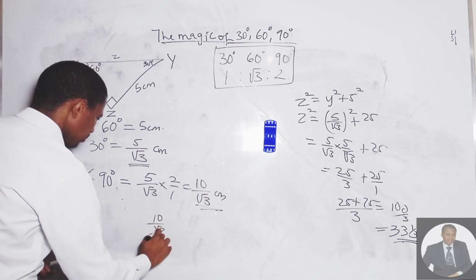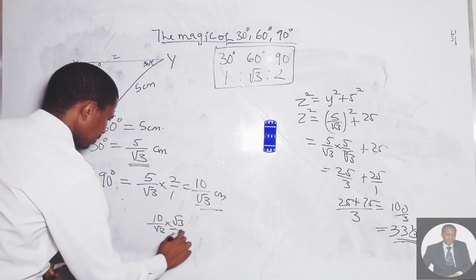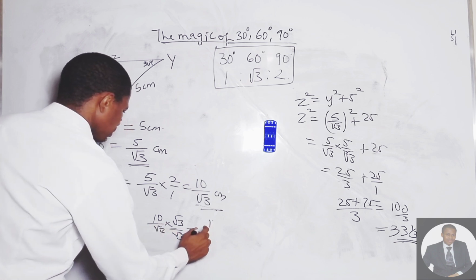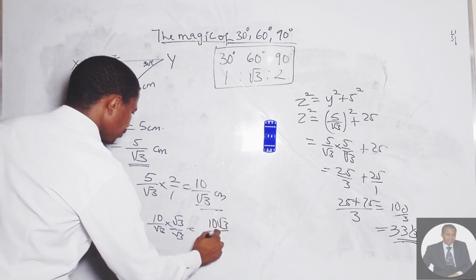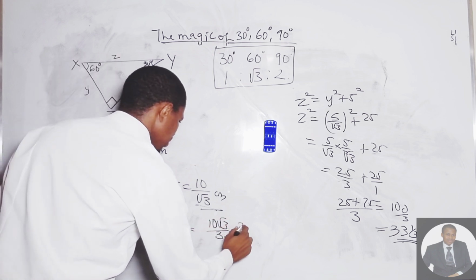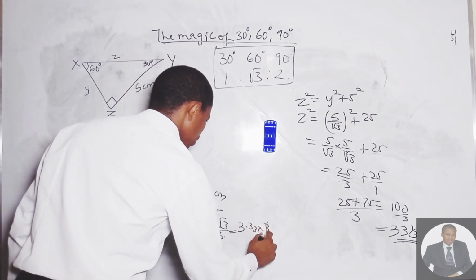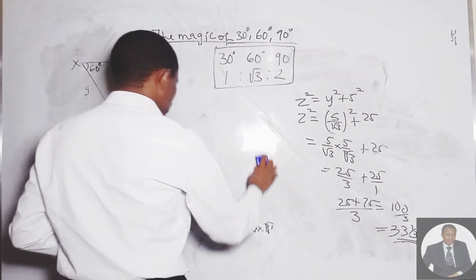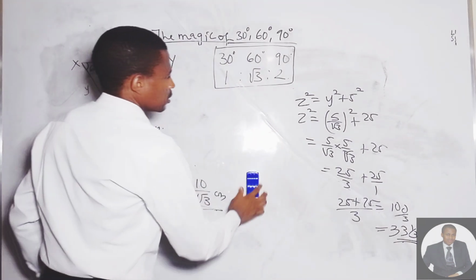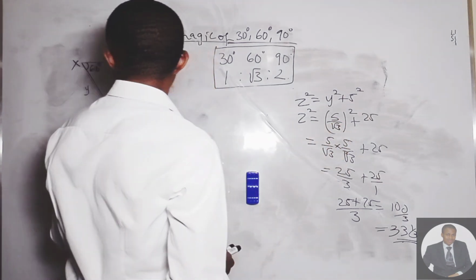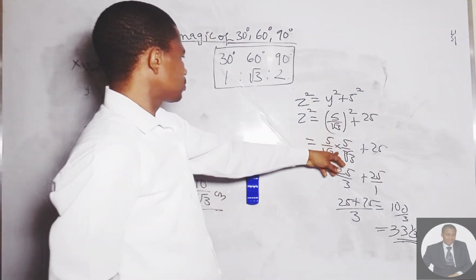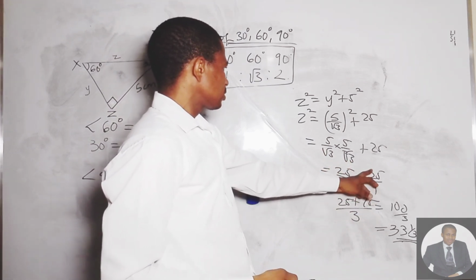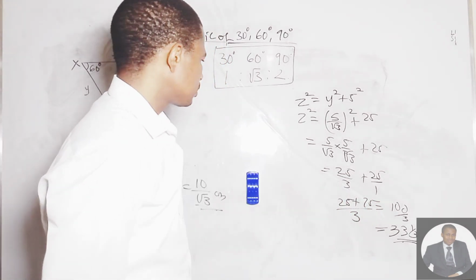Multiply 10 over root 3 times itself, that's 100 over 3, so this will give us 33.333. So we have what we are having there. 10 divided by root 3 will give us the same thing, I want to believe, right.